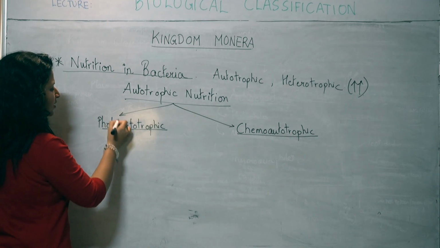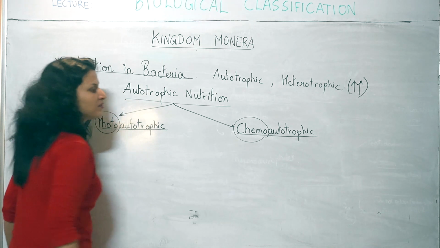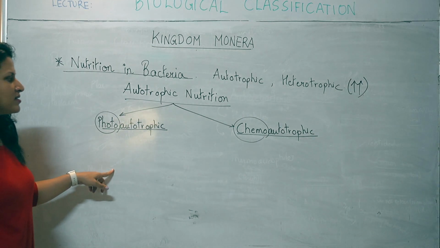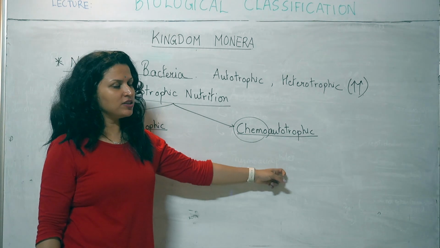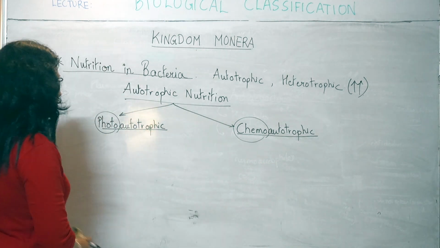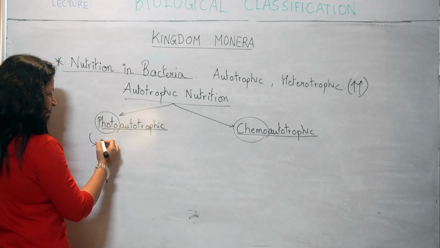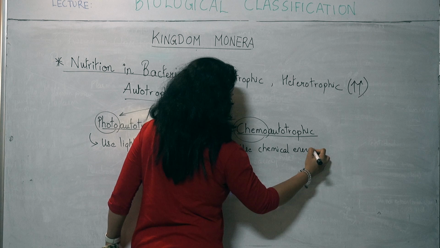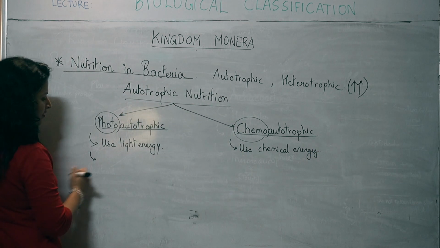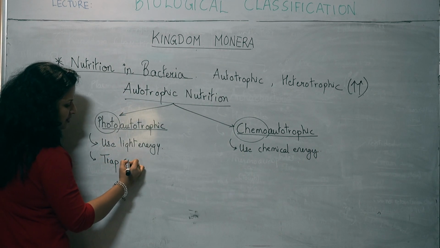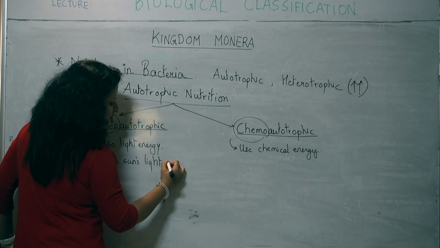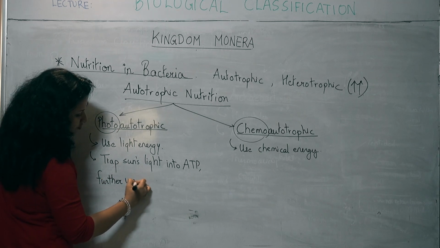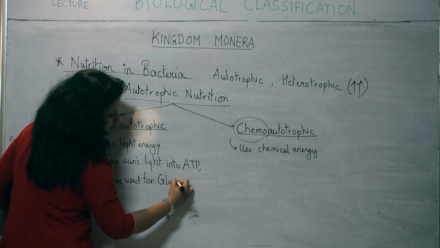Photo and chemo, that means these use light energy for their glucose synthesis, and they use chemical energy for their glucose synthesis. Let me elaborate this further. They trap sun's light into ATP, further used for glucose synthesis.